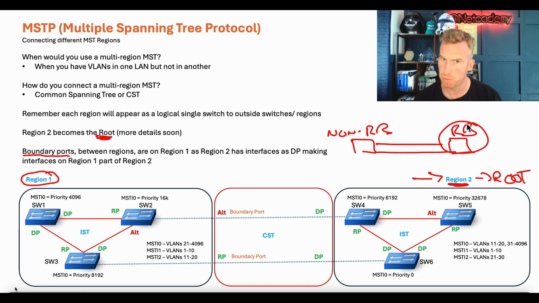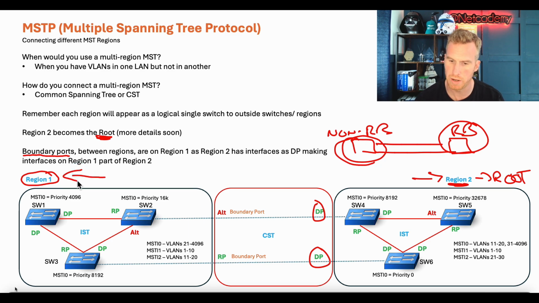And when you have a root bridge, all of the interfaces on that root bridge will be designated ports. On the non-root bridges, in this case this logical switch here, which is region 1, you're going to have one root port, obviously, and then an alternate port to discard the traffic to prevent a loop. It's these interfaces here that are the boundary ports, because they're the boundary from region 1 to region 2.